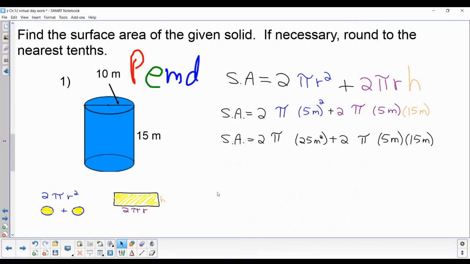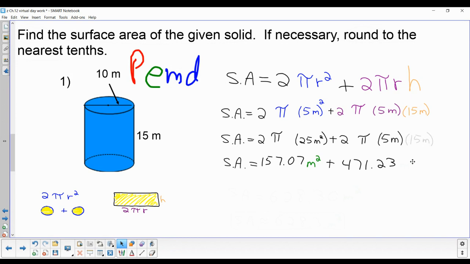We have multiplication in the first half of the equation and multiplication in the second half. So doing this in order, the first set of multiplication, if we do 2 times 25 times 3.14, we get 157 and 7/100, and it's meters squared. Copy the plus sign, and if we do 2 times 5 times 15 times 3.14, we get 471 and 23/100.